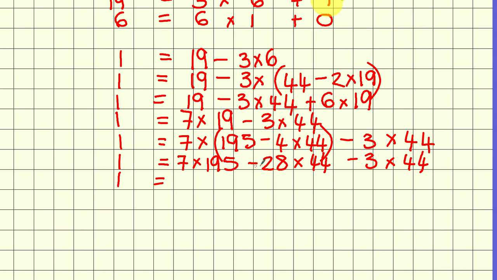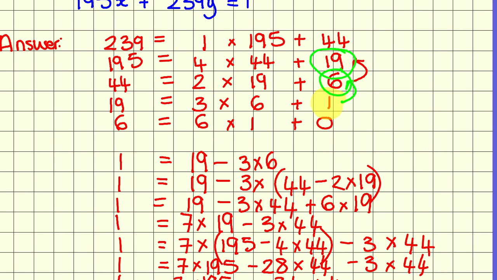So I've got minus 28 lots of 44, and I've got minus 3 lots of 44. So minus 28 minus 3 gives you minus 31. So minus 31 lots of 44, just like this.